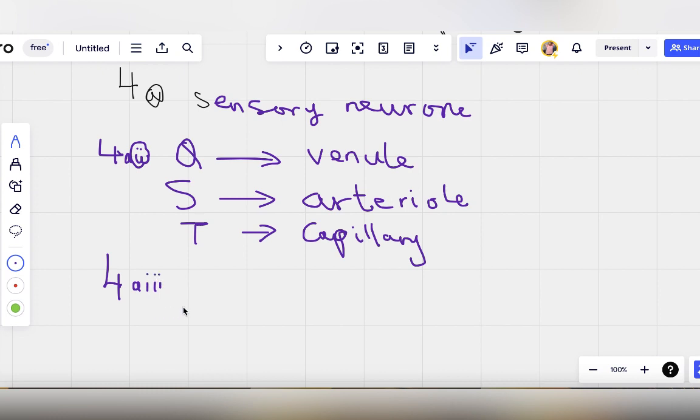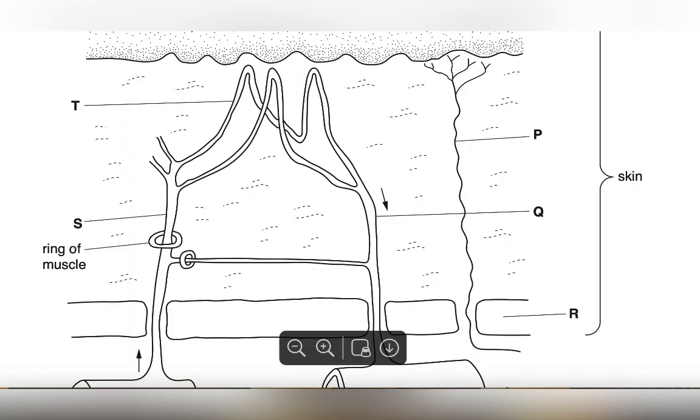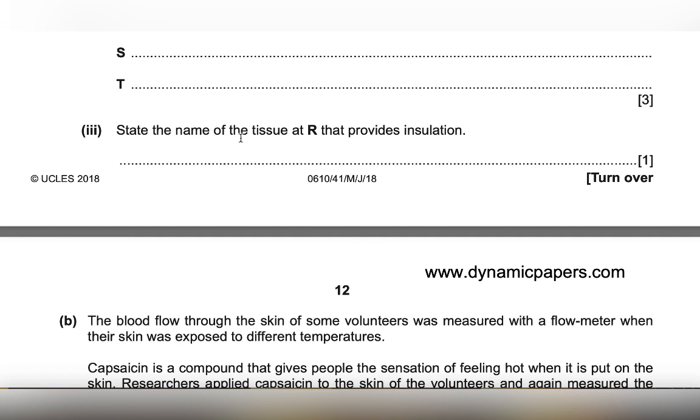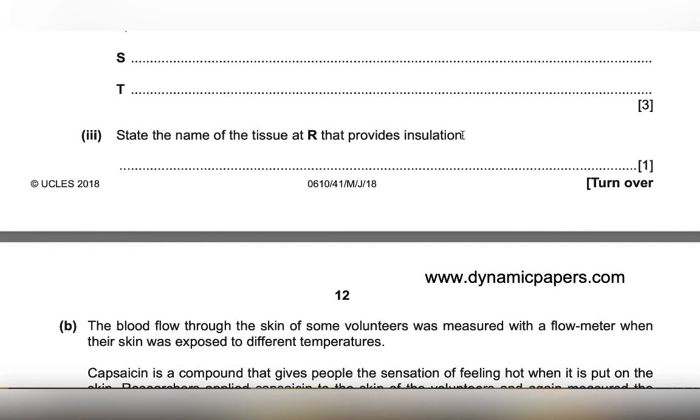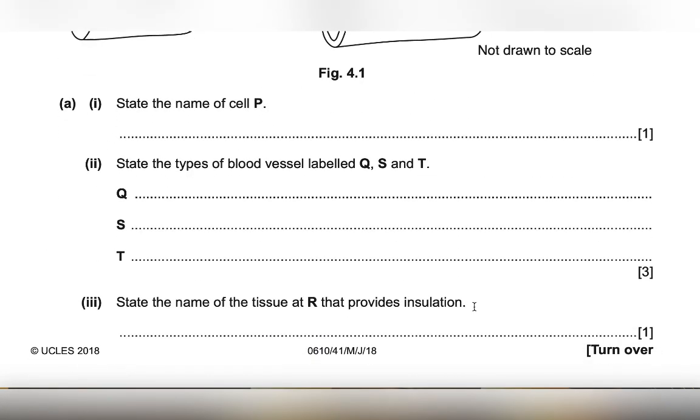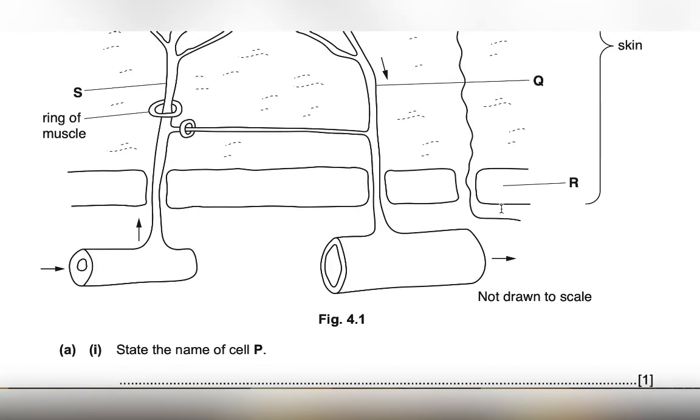Okay, let's change the color for this. Let's read the question. State the name of the tissue at R that provides insulation. Let's look at R. Anything that provides insulation is fat.